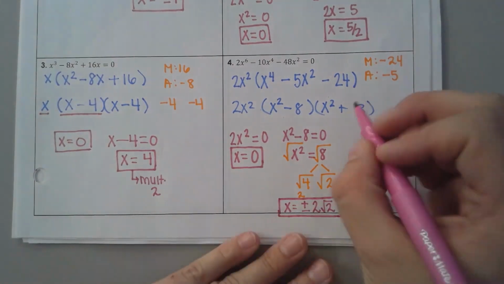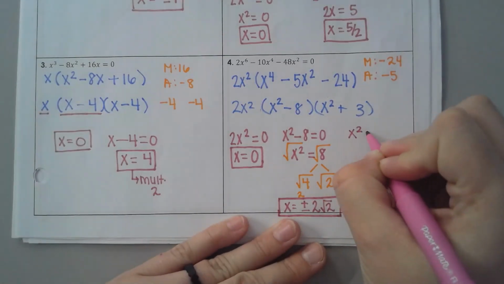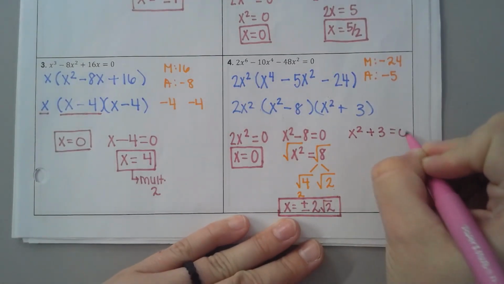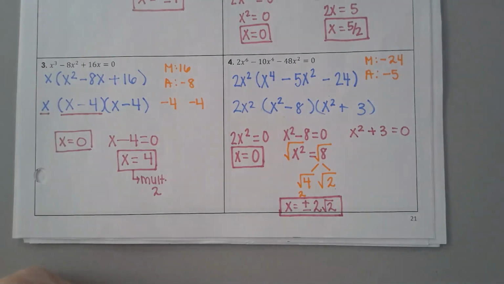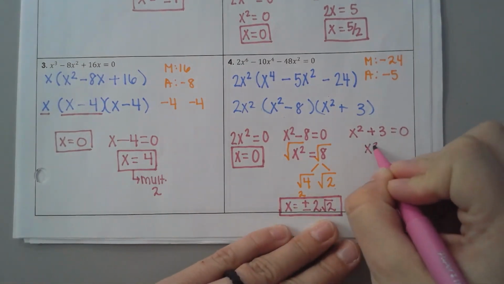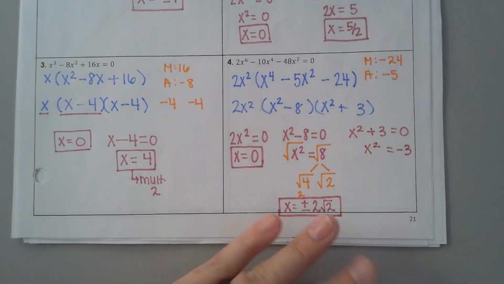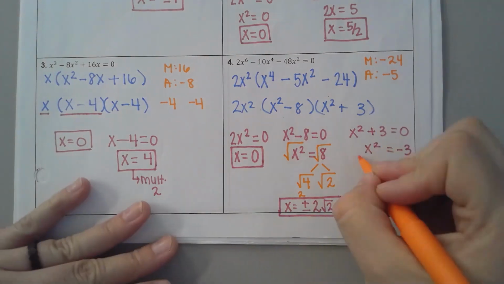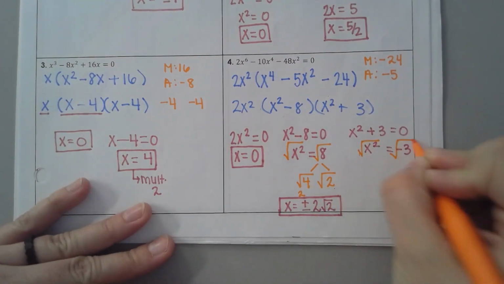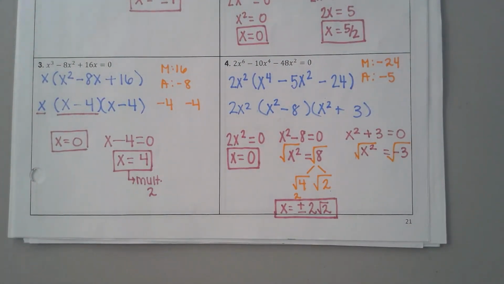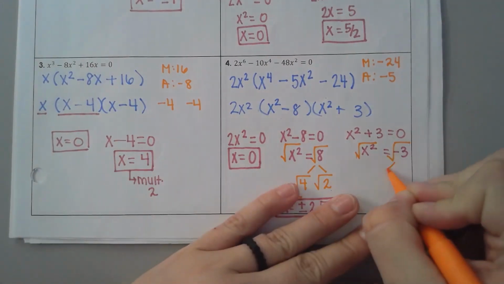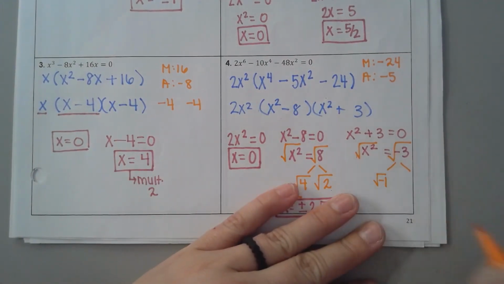And then my third factor, x squared plus 3 equals 0. What should I do first? Subtract 3. And then take the square root. All right. So it is negative. So we have to break it down. We got to get that negative 1.